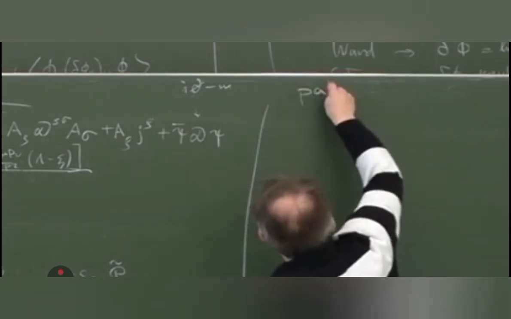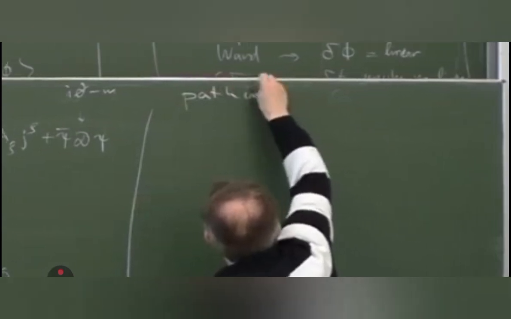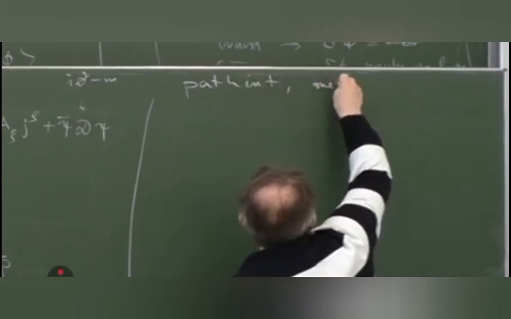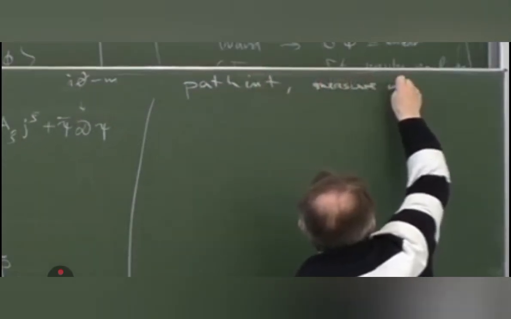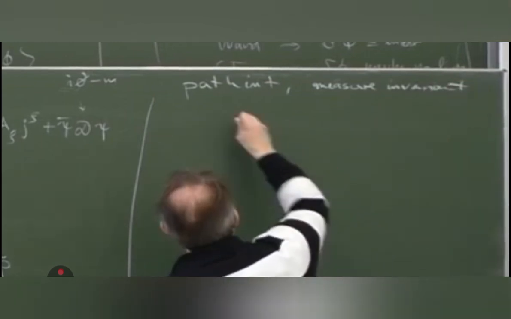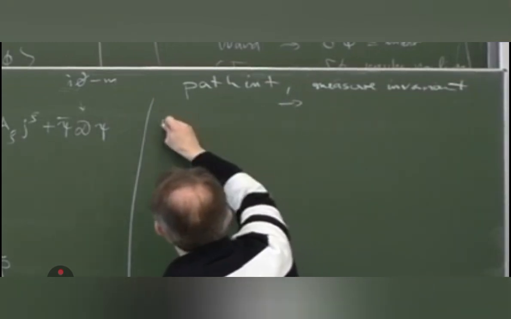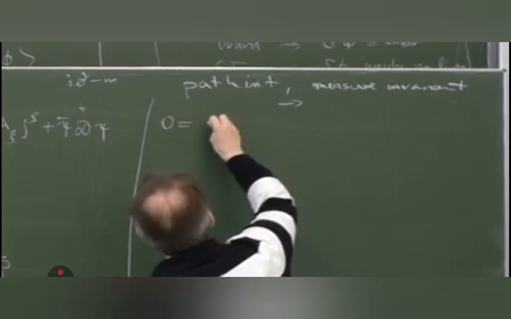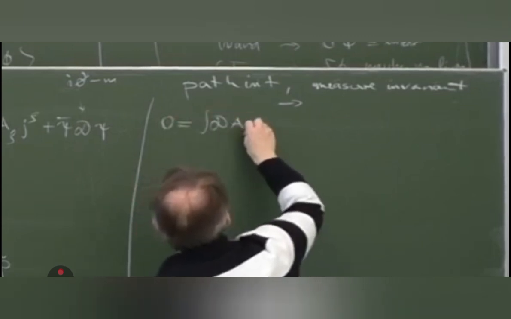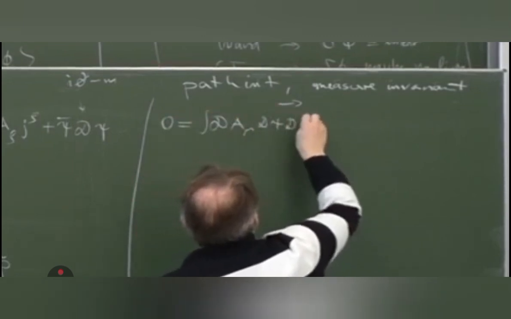So we will use the following: the path integral. We assume that the measure is invariant, and then we obtain 0 is equal to the following, namely path integral over all QED objects.